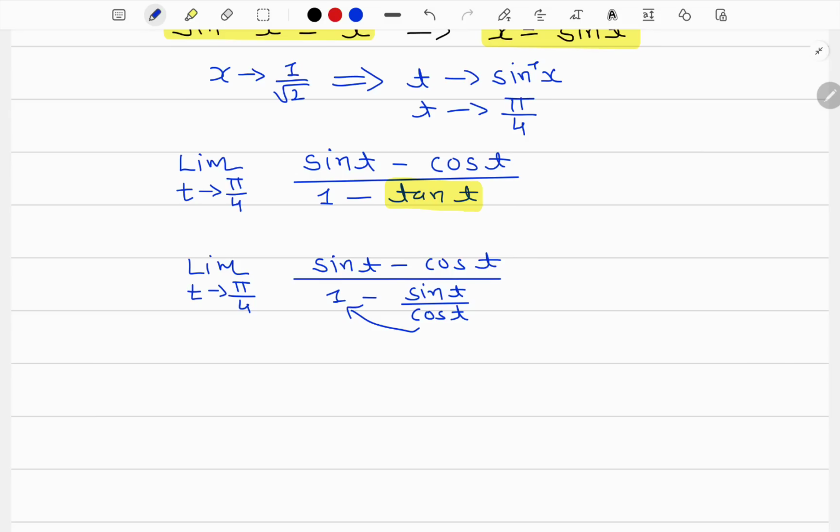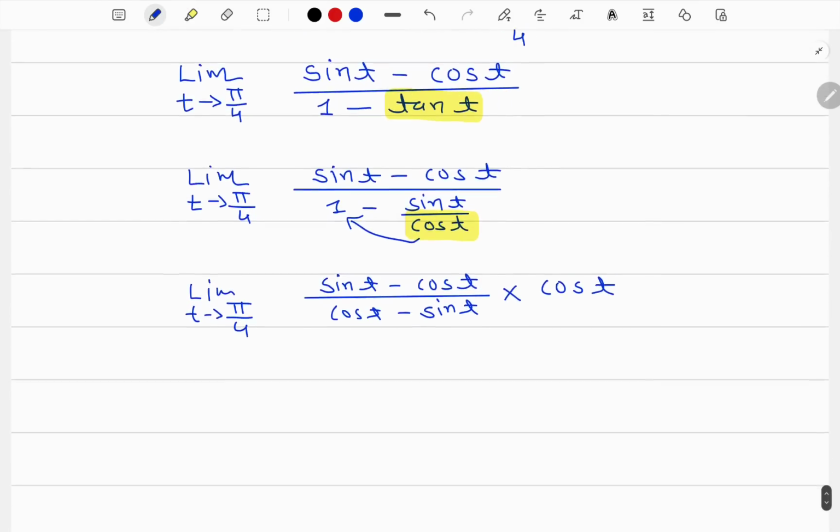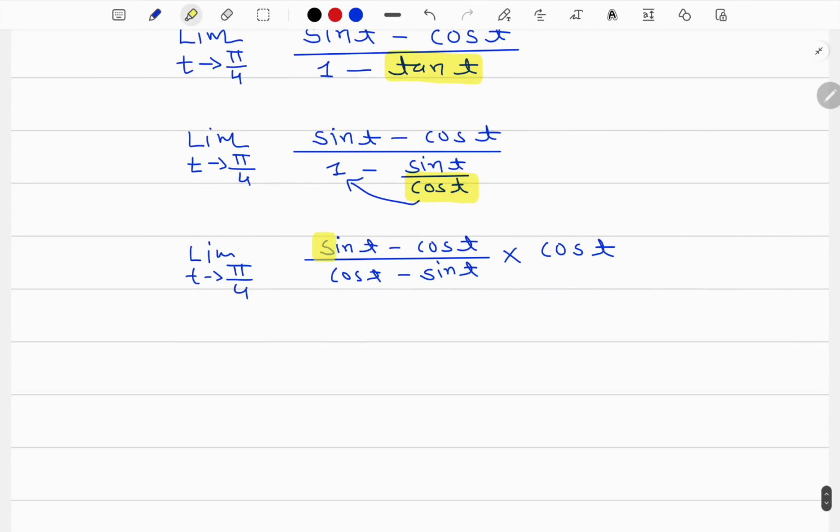So we get limit t tends to pi by 4 of sin t minus cos t as it is, and here cos t minus sin t as it is, and this cos goes to the numerator, right? As you can observe, this is sin t minus cos t, this is cos t minus sin t, right?